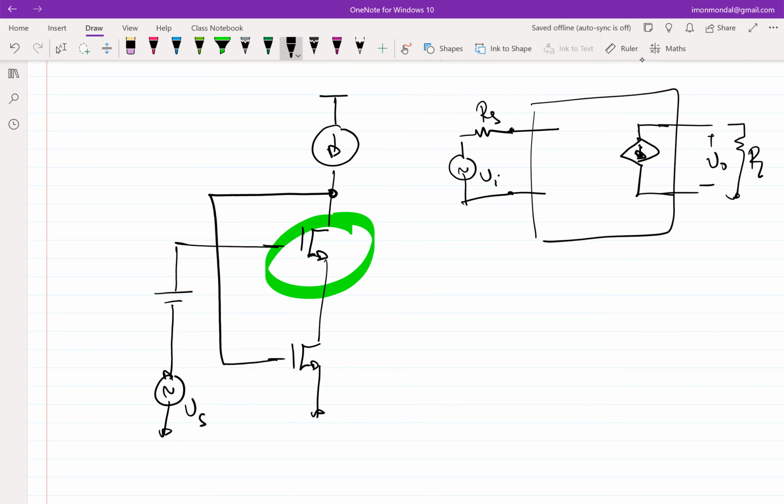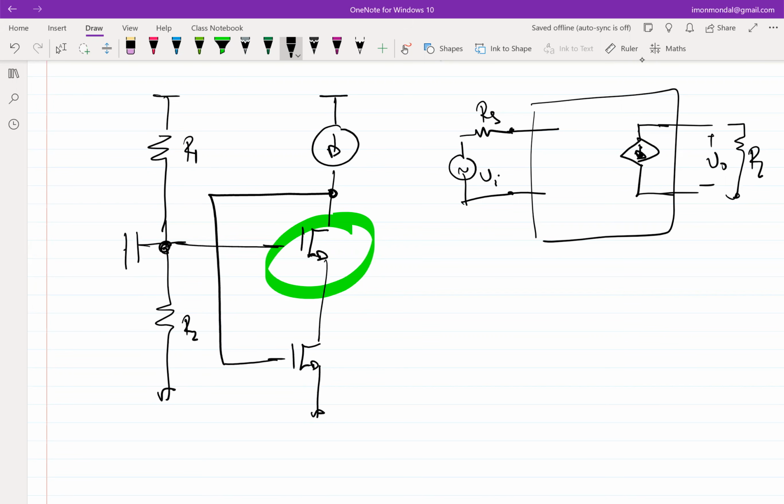You'll have to have this resistor divider or some sort of biasing, and then AC couple your input so that the DC and the AC don't get mixed up. In case you don't recall, this is what I mean.